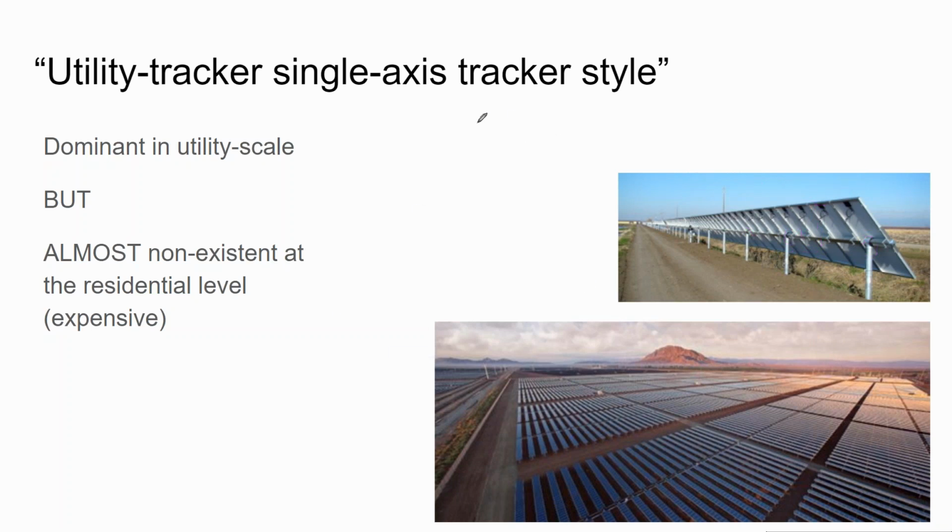And so for that reason, single axis tracking at the utility scale has only increased the cost of projects by about 5%, and the gain from that is about 15%, and you can calculate that in PV watts, as we talked about yesterday. And so single axis tracking, as opposed to double axis tracking, which has more foundational costs, or fixed in place arrays, single axis tracking has gone from non-existent to dominant in the utility scale market.